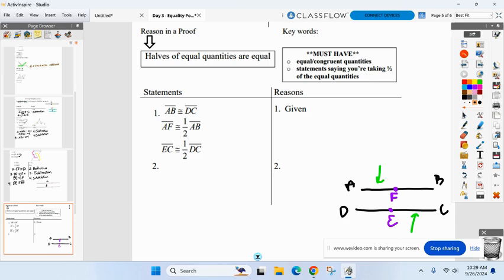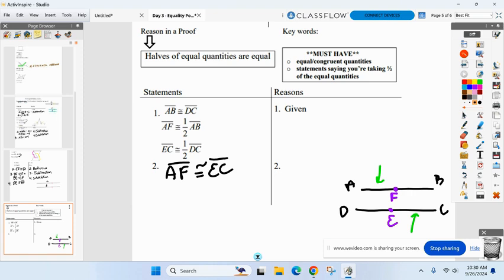Makes sense, right? We just got to put a name to it, an official reason to it. If the wholes were equal, the halves will be equal. Yep. All right. So the reason now, well, which halves are equal? AF, well, all of them, but in this case, AF and EC. So I can say AF is congruent to EC.